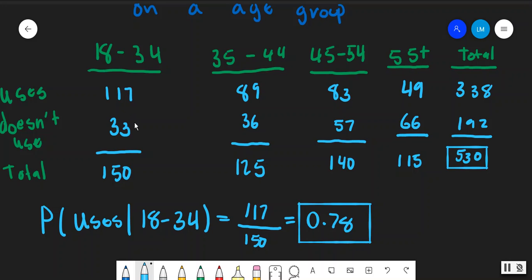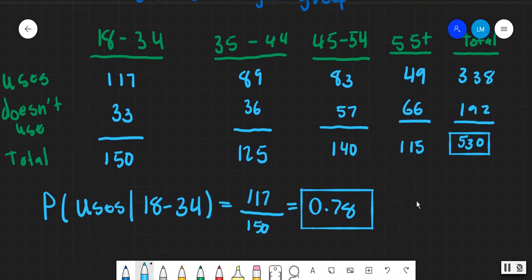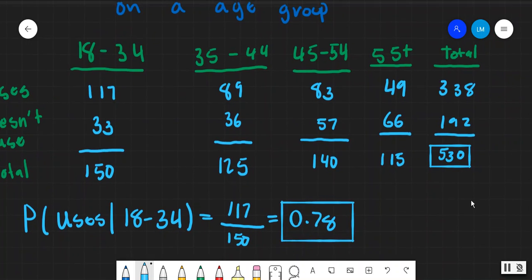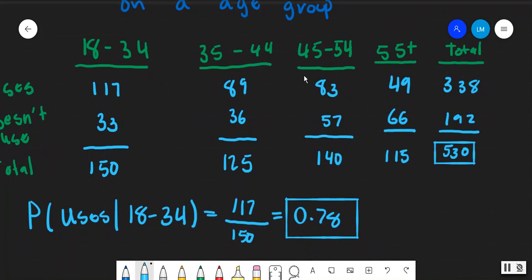Now, if I look at my chart, I can see that as the age group increases, the usage decreases.